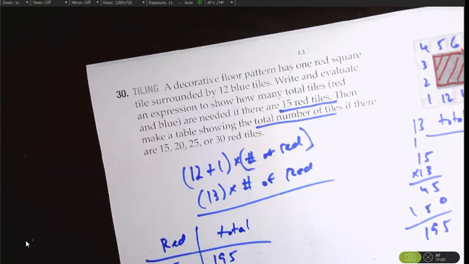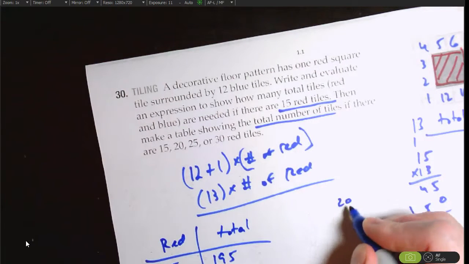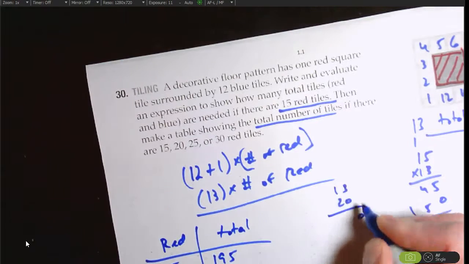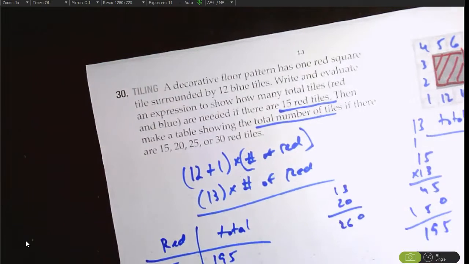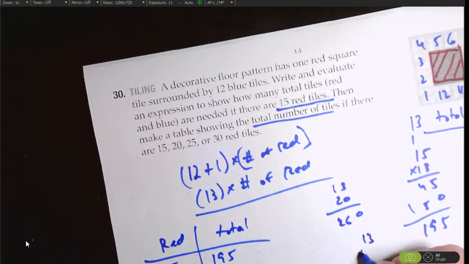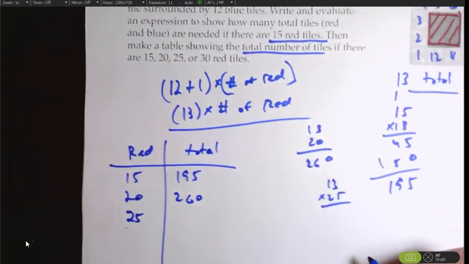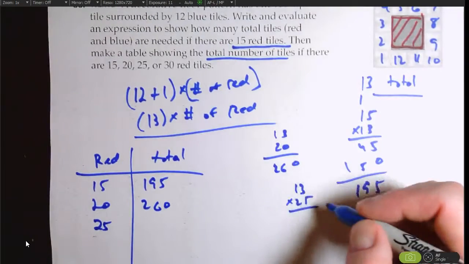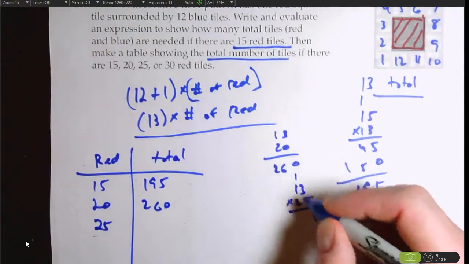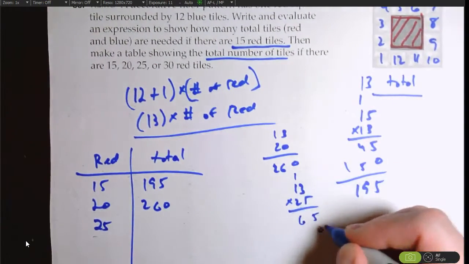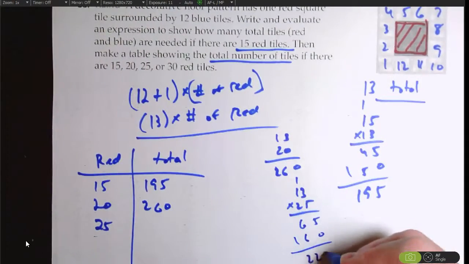And now we'll do the same thing for 20, which 20 times 13 is 260. 25. Oh, I'm sorry, I'm all over the place here, aren't I? Excuse me. 13 of 25 is 5, carry the 1, 5, I guess, 6. So 225.